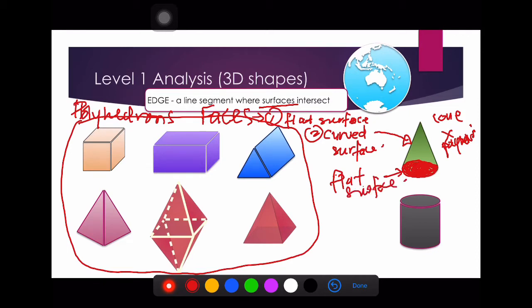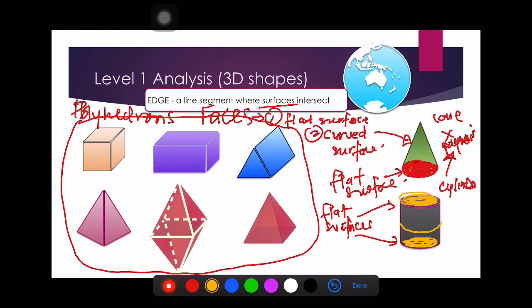Now the cylinder has two flat surfaces, one at the top and one at the bottom. Because a cylinder is also not a polyhedron, these are called flat surfaces. And the body of the cylinder has a curved surface.